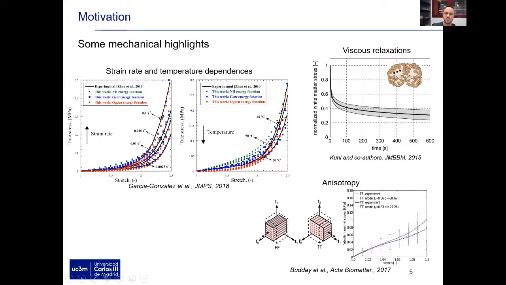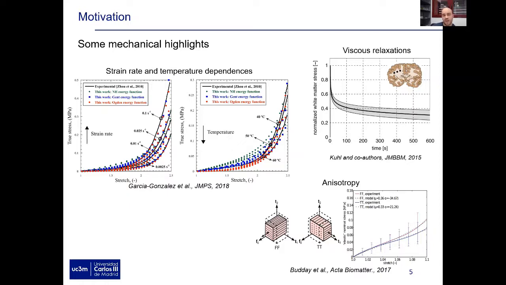On top of these dependencies, we have many others. Just to mention another one, we can find tissues like muscles or tendons giving an anisotropic response. Basically, it tells us that our material responds differently if we apply the loading along the fiber direction or in the transverse way.